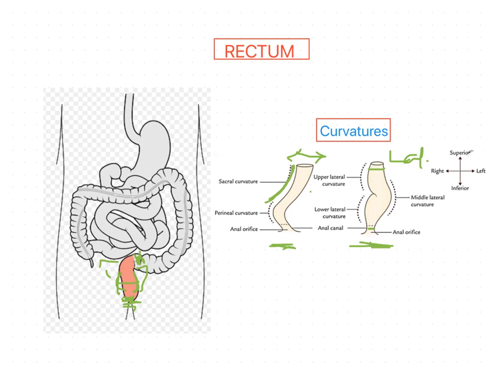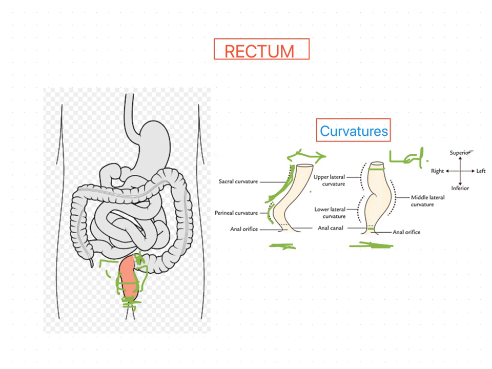So this one is the sacral curvature, with the concavity facing forwards, and the perineal curvature, where the concavity is facing backwards.